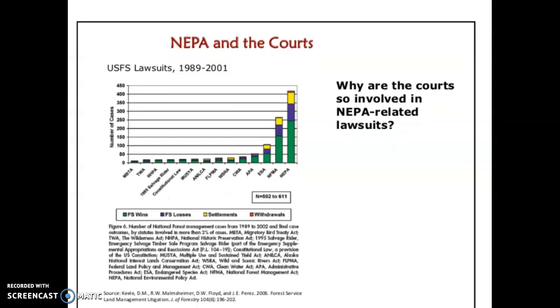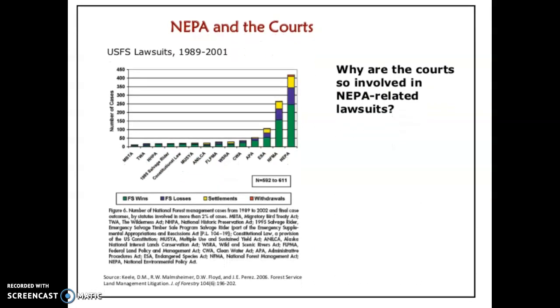So the next slide shows the number of cases specific to the U.S. Forest Service. And you can see that NEPA is litigated far more than any of the other acts that it's compared with here. This breaks down a little bit into Forest Service wins, losses, settlements.